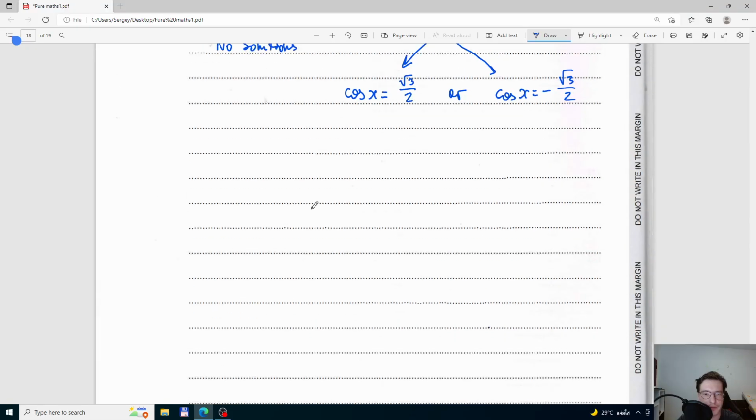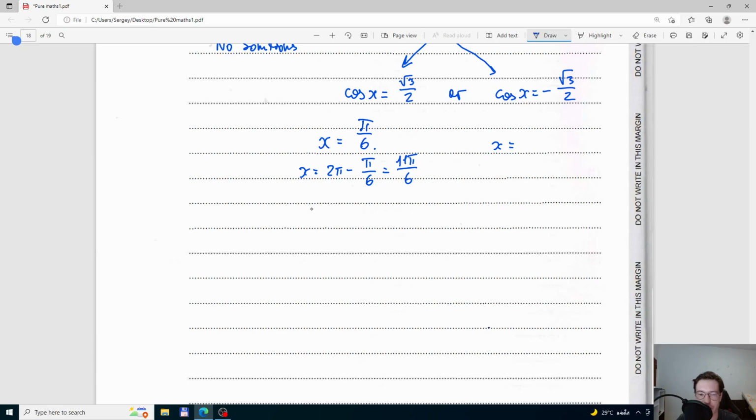Now, take the inverse cosine. Square root of 3 over 2 gives me pi over 6. And the second solution is going to be 2 pi minus the first one, which is 11 pi over 6.